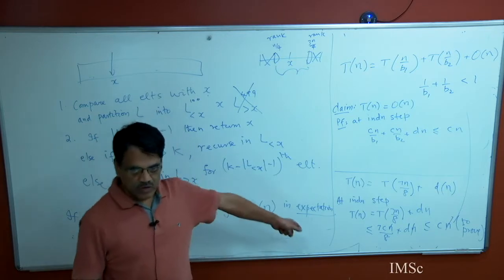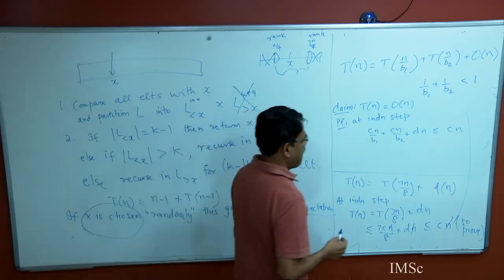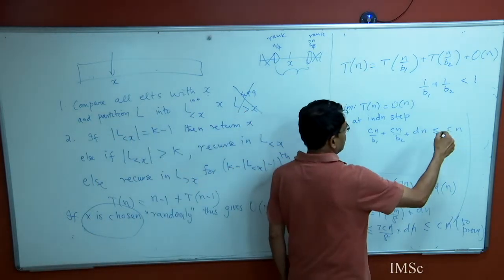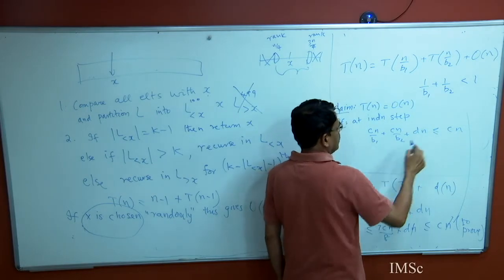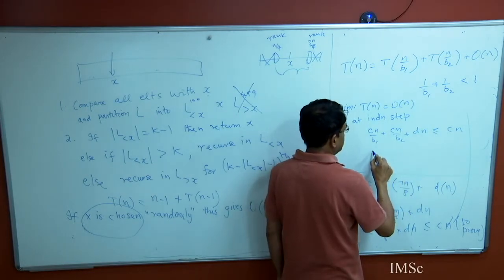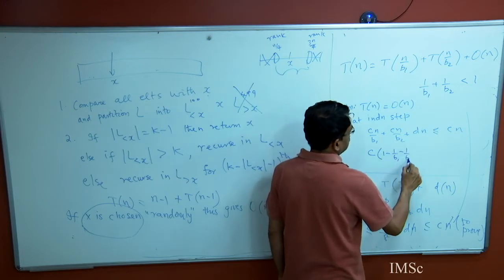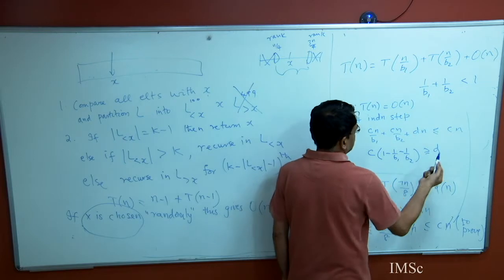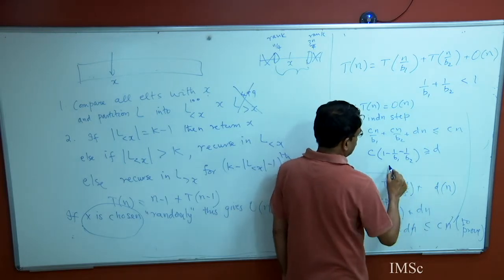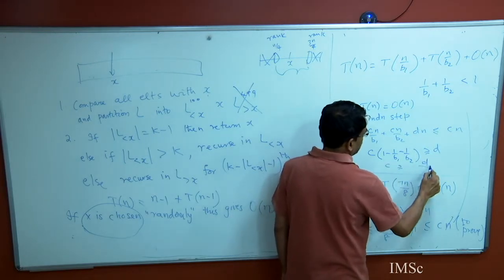Right? Very similar to what we went through. So let's cancel out n here. Then what do I want C to satisfy? C into 1 minus 1 by b1 minus 1 by b2 has to be greater than or equal to d. So C is greater than or equal to d divided by that.